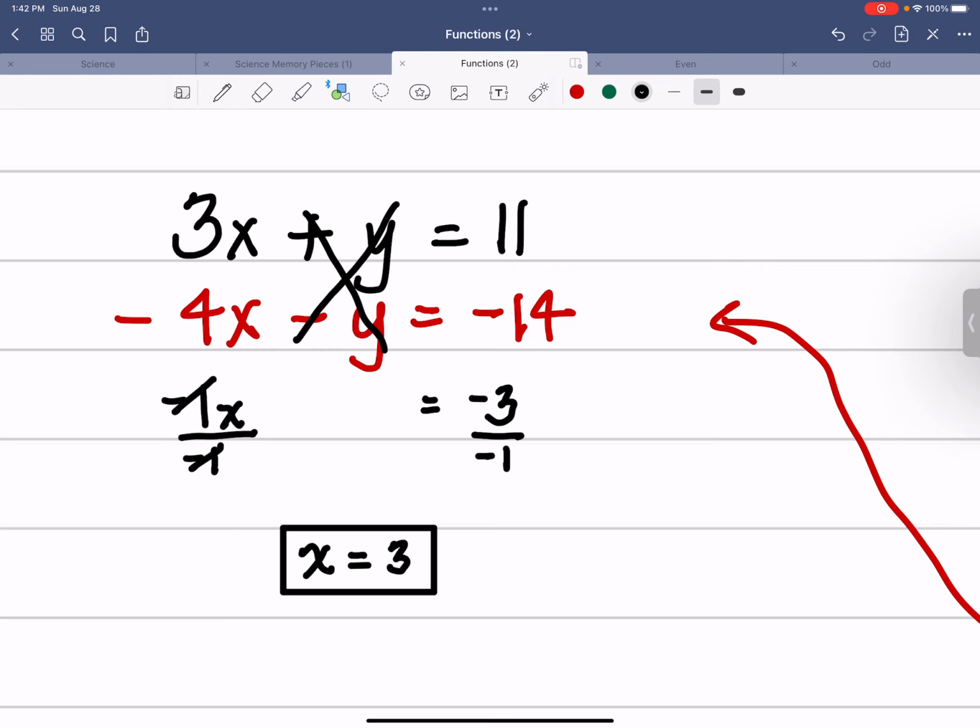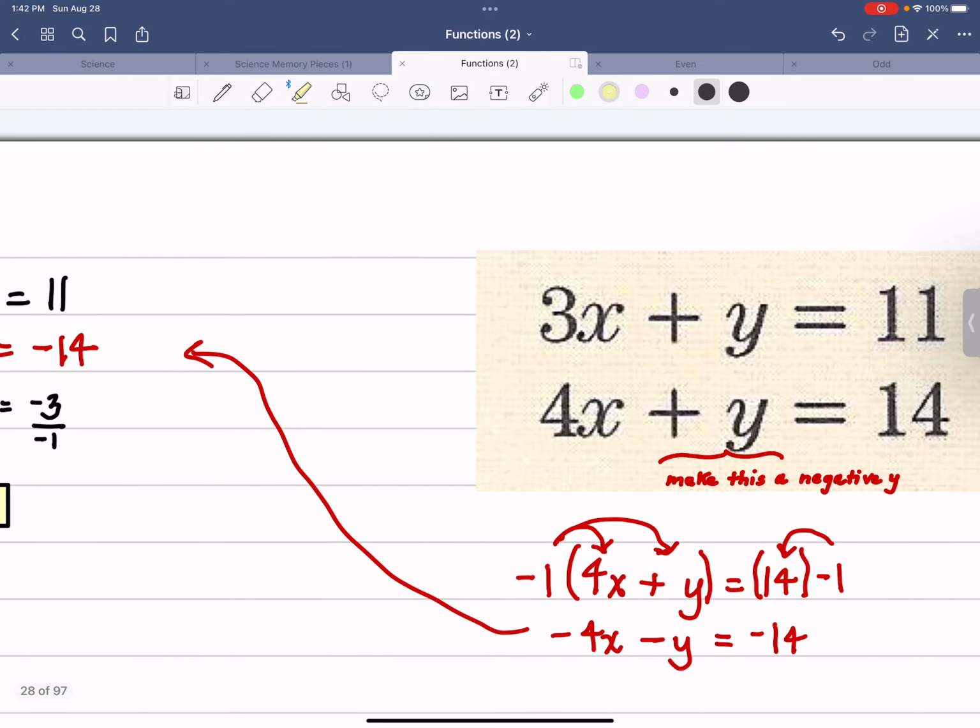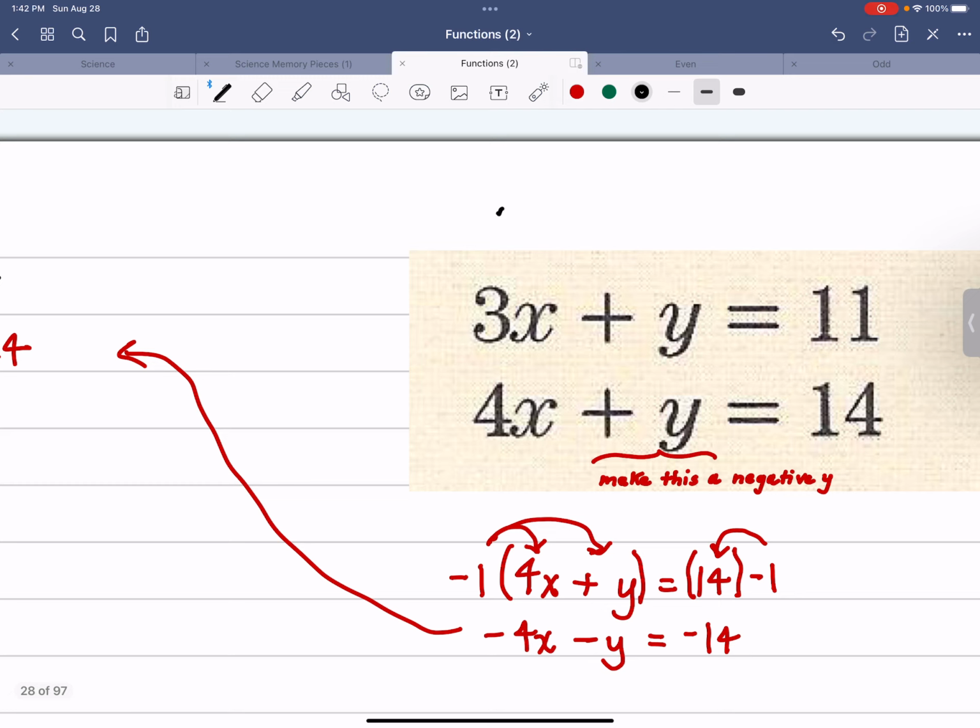So we're getting there. We have the x coordinate of our solution, but we need to know the y coordinate because the solution, remember, when you're working with a system of equations, you have to know what the x is and the y. So a solution to a system is a point.